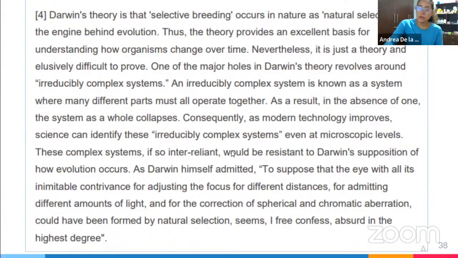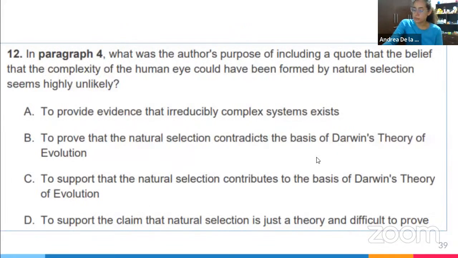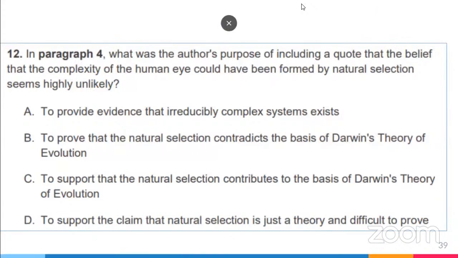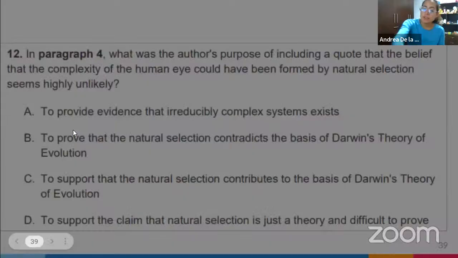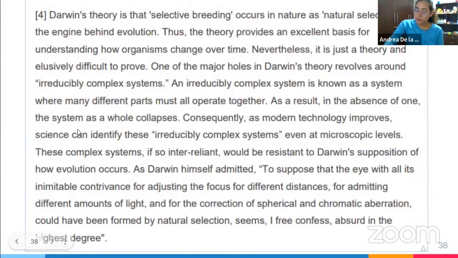Okay, guys, so what do you think? Probably the letter B, miss, to prove that natural selection contradicts the basis of Darwin's theory of evolution. Okay, maybe. Do you agree that it's B? So what's the main idea in this paragraph?